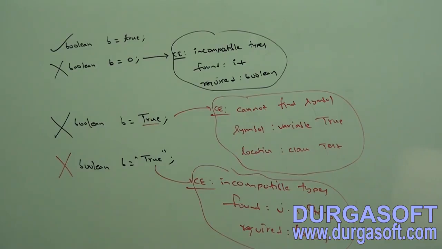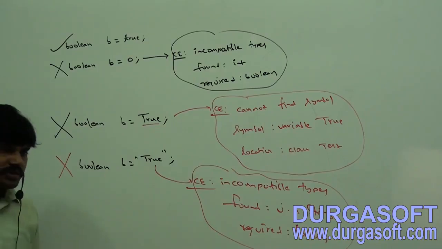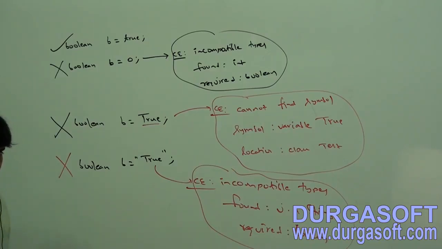Boolean b = true without quotes: cannot find symbol, variable true, location class Test. Next, boolean b = "true": we get a compile time error saying incompatible types, found java.lang.String, required boolean.